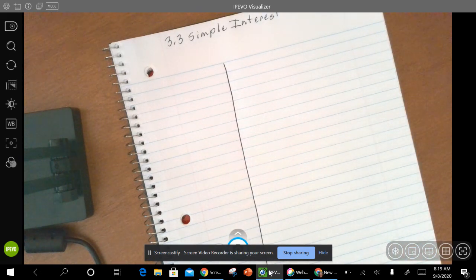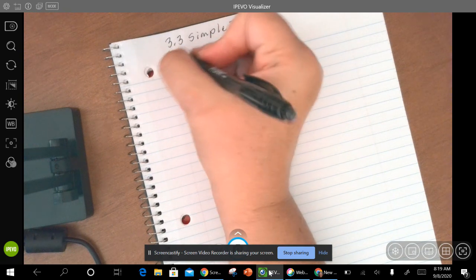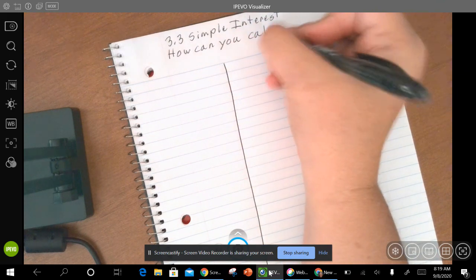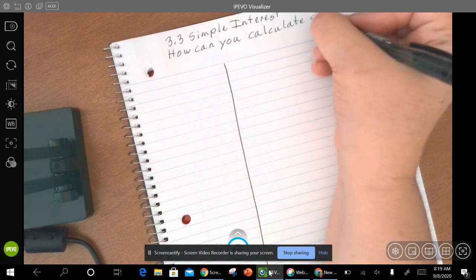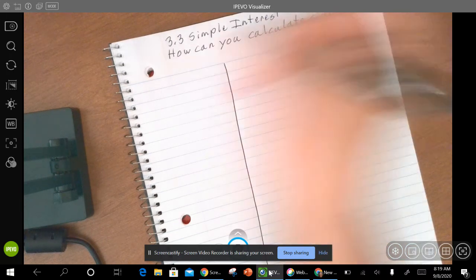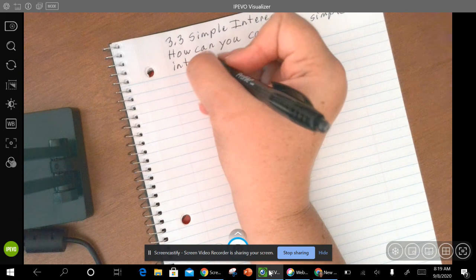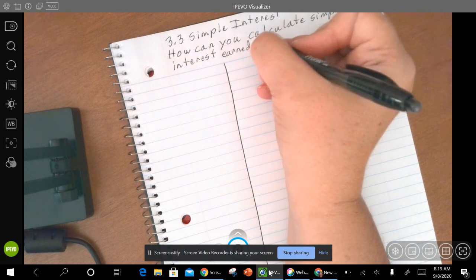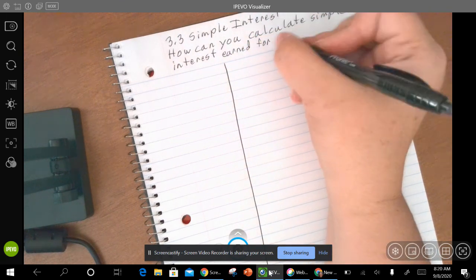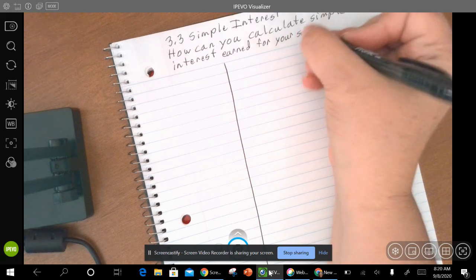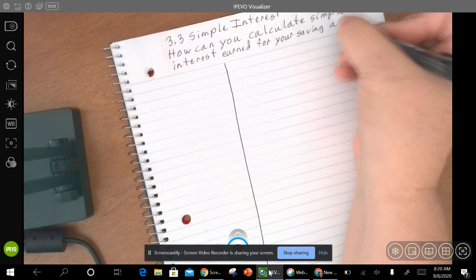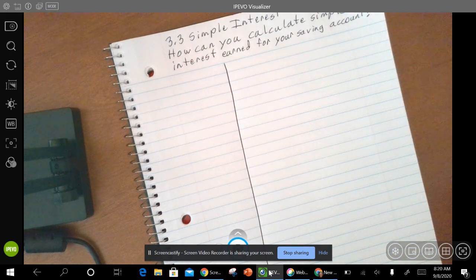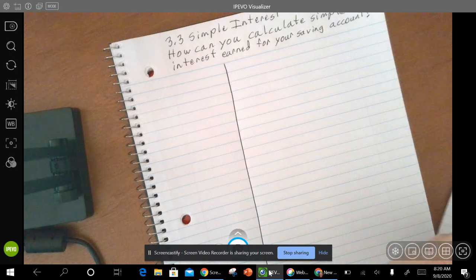So how can you calculate simple interest earned for your savings account? Okay, so that's what we're looking at.